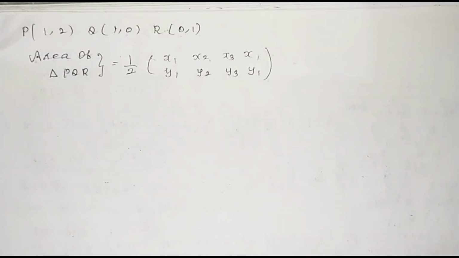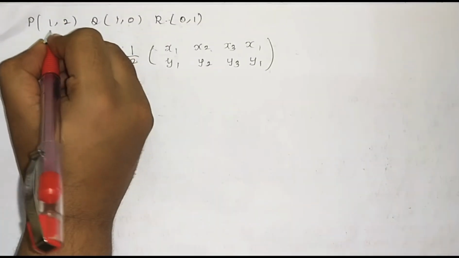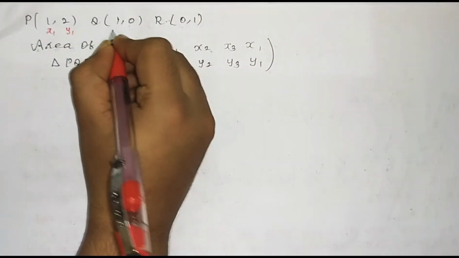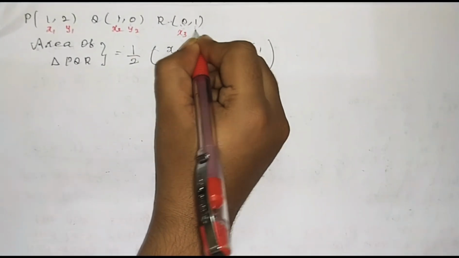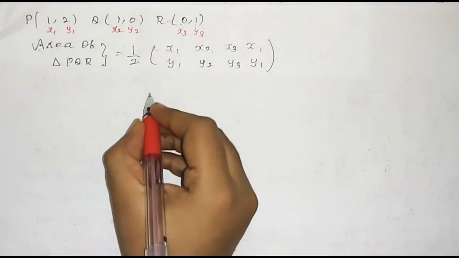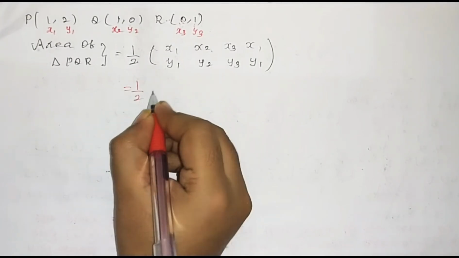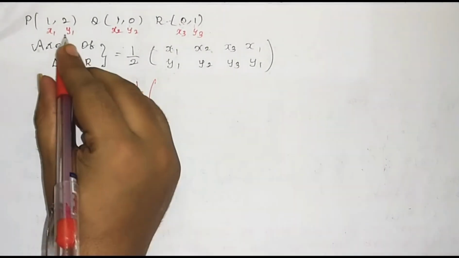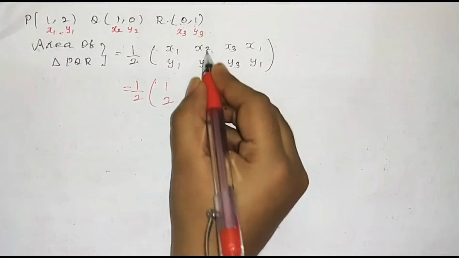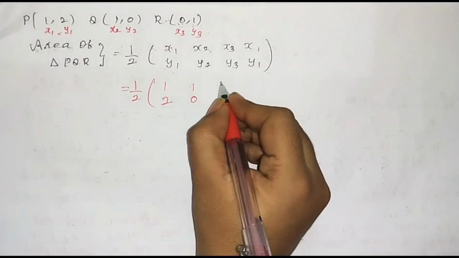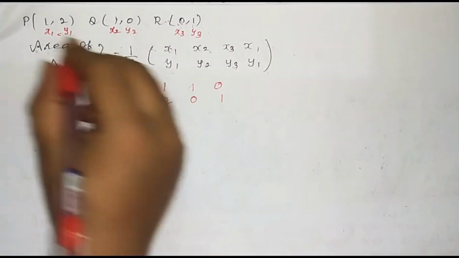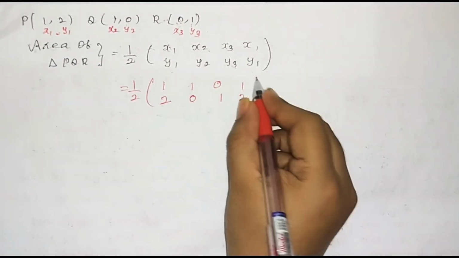So here x1 comma y1 I consider this point, x2 comma y2 this point, and x3 comma y3 this point. Now I am substituting 1 divided by 2, x1, y1, so first coordinate point 1, 2; x2, y2 second coordinate point 1, 0; x3, y3 0, 1; and x1, y1 1, 2.